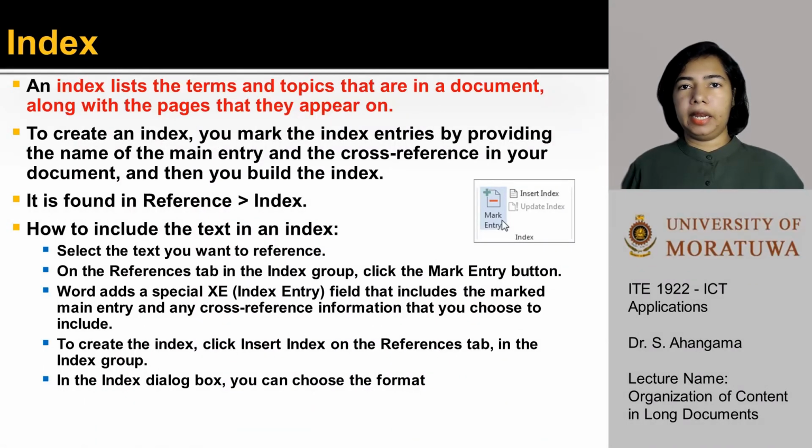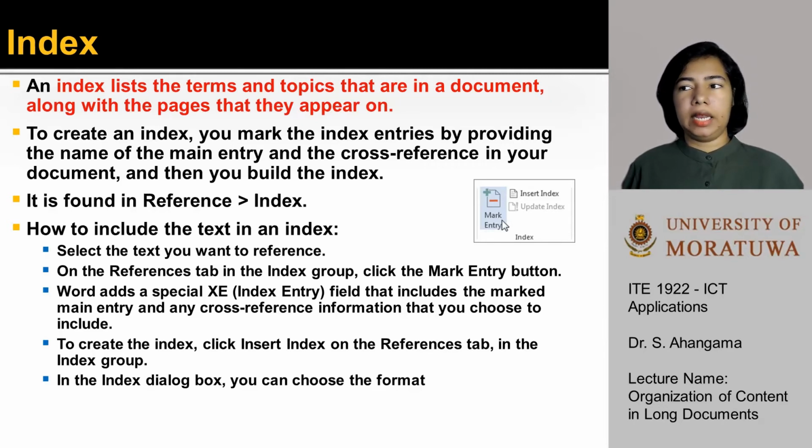Another important area that you have to learn when you are creating a long document would be index. An index lists the terms and topics that are in a document along with the pages that they appear on. So how to create an index?